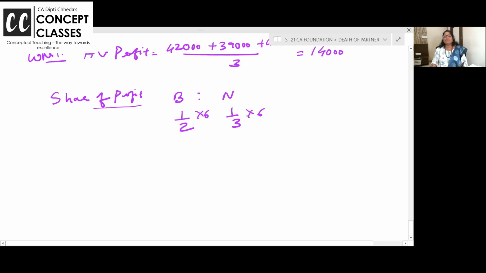Half and 1/3 looks complicated because you need a proper ratio. It is 3:2, so 3/5 and 2/5. So can we multiply by a common factor that divides commonly? If you multiply by 2, this won't divide. If you multiply by 3, this won't. So multiply by 6, and you get 3 and 2.